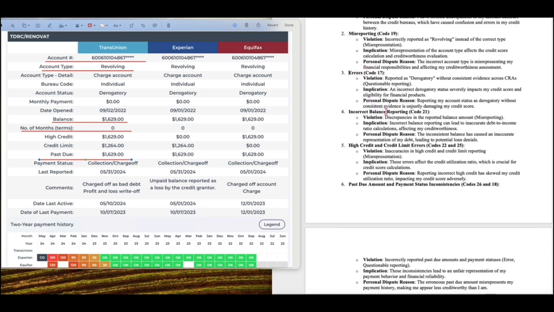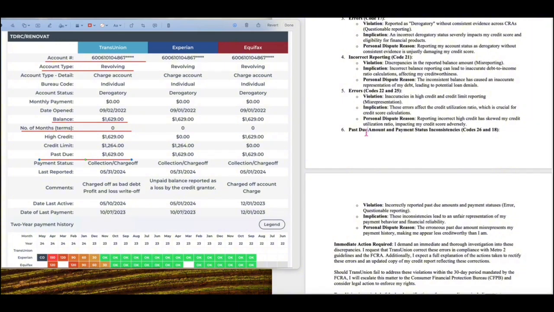Incorrect balance, I'm just going to delete incorrect reporting. High credit and credit limit error codes, I'm just going to delete that. I'll delete that as well.